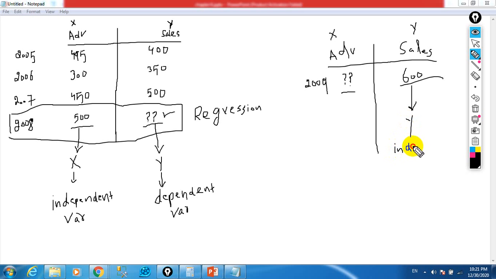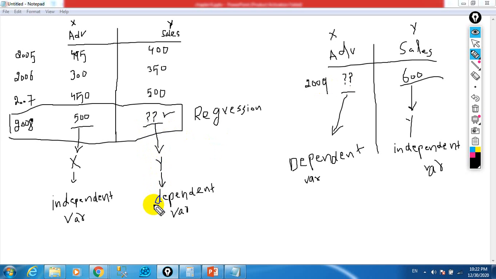and X is now the dependent variable. If we want to find this value, we will use regression.